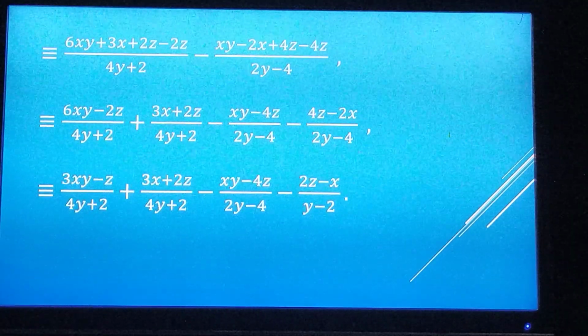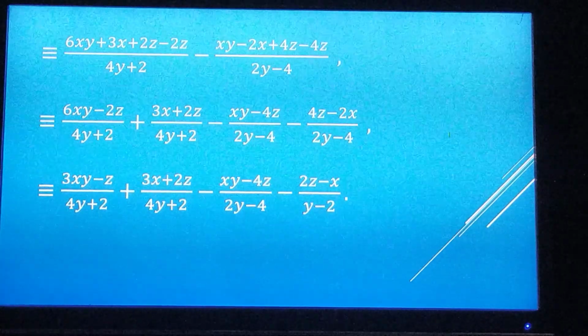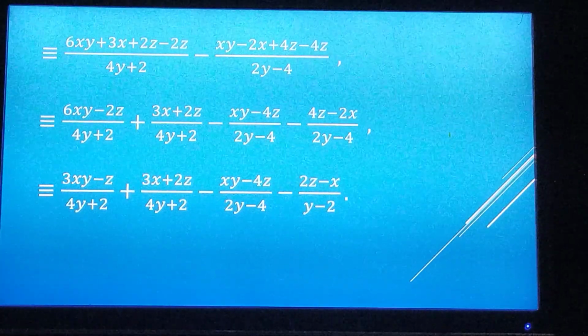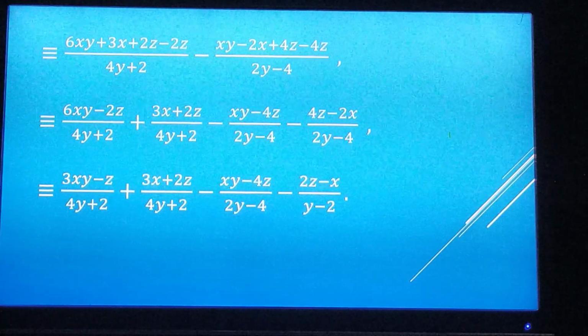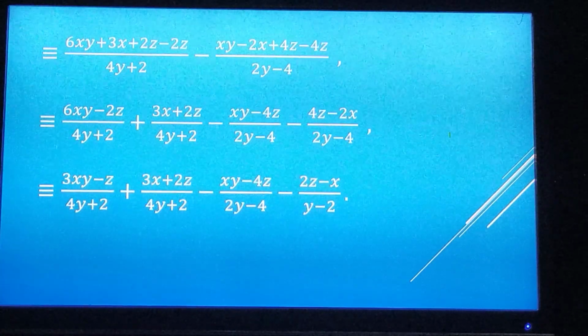And then we break them down, getting these 4 rational expressions involving 3 variables now.